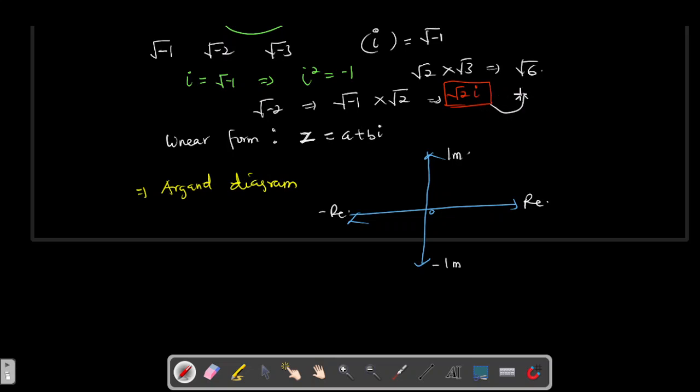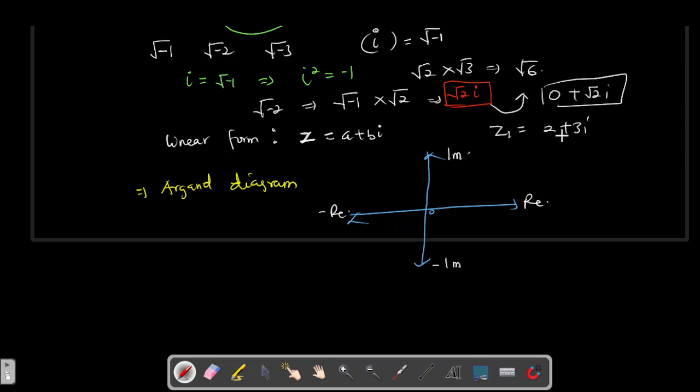A typical example is what we did here. When I give you square root of 2 i, what I'm saying is this can be represented as 0 plus square root of 2 i. And this is a linear form with real part 0 and the imaginary part square root of 2. So take note, the imaginary part is always the value attached to the i operator in any complex number. So on the Argand diagram, let's say I use a simple complex number, z1 is equal to 2 plus 3i.